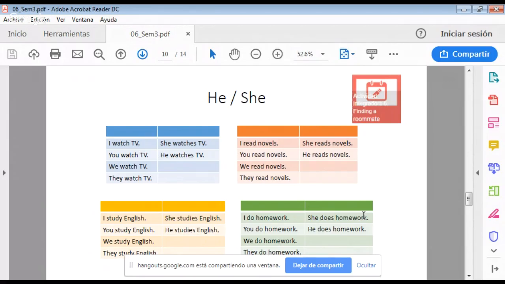Ahora mencionarles también por qué decimos que es la third person, ¿por qué es third person he or she? Porque a la hora que decimos la lista de pronombres personales están en tercer lugar. Decimos I, you, we, they, he, she, it. Después de I, you, entra he o she como la tercera persona del singular, ¿no? Tenemos I, you, he, she, it. Esa es la tercera persona. Es del singular porque estamos hablando de un solo elemento, ¿no?